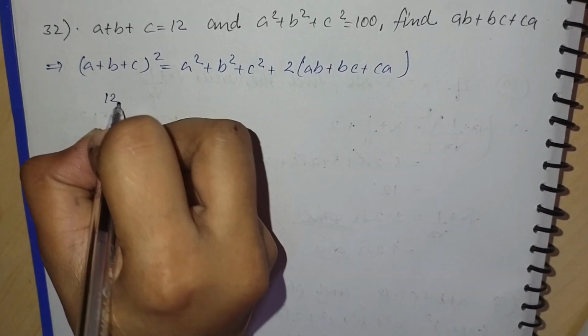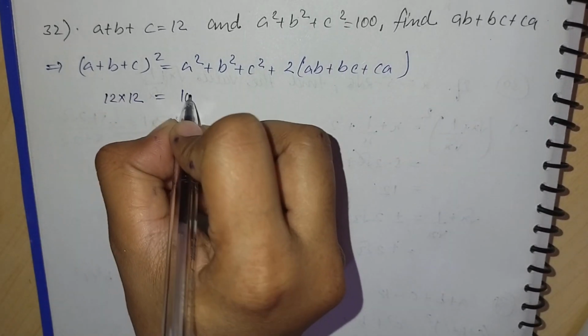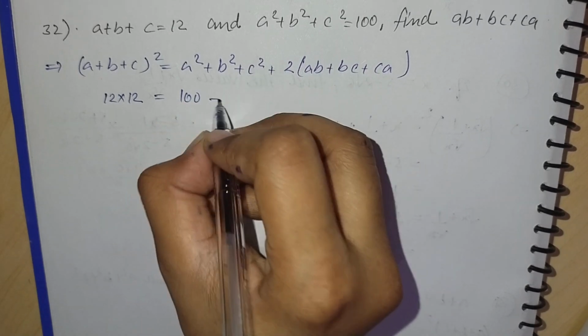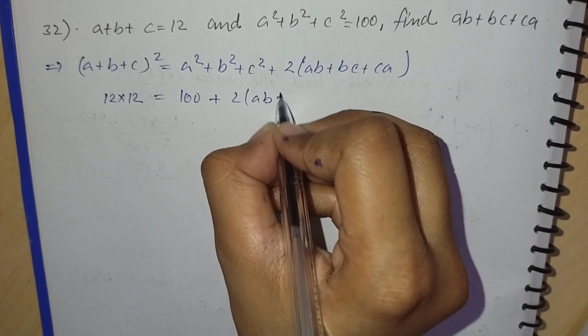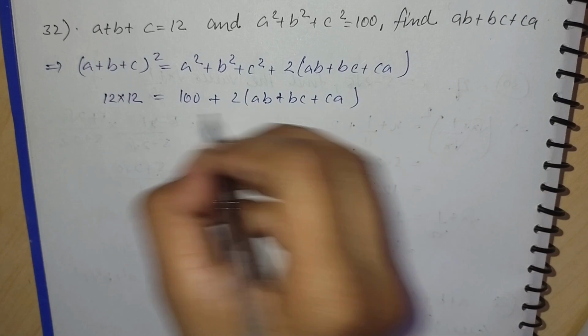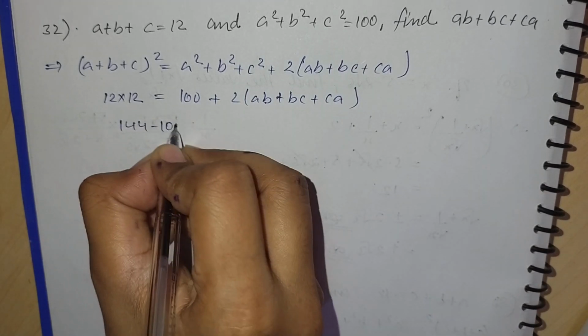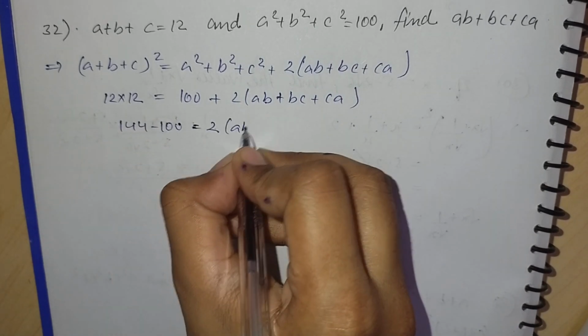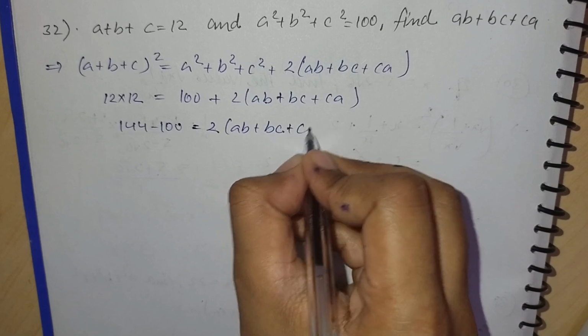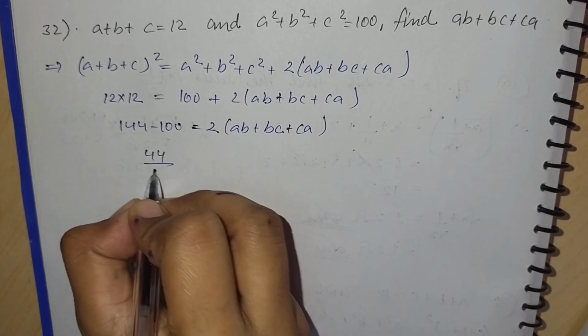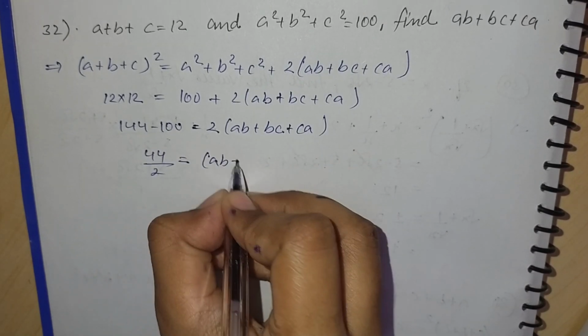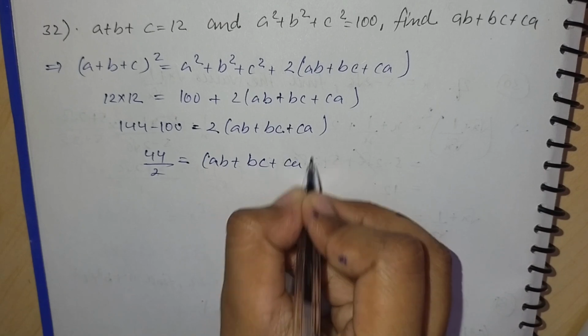Putting the value here, we will get 12 into 12 equal to 100, a square plus b square plus 2(ab plus bc plus ca). So 144 minus 100 equal to 2(ab plus bc plus ca). Here 44 divided by 2 equal to ab plus bc plus ca.